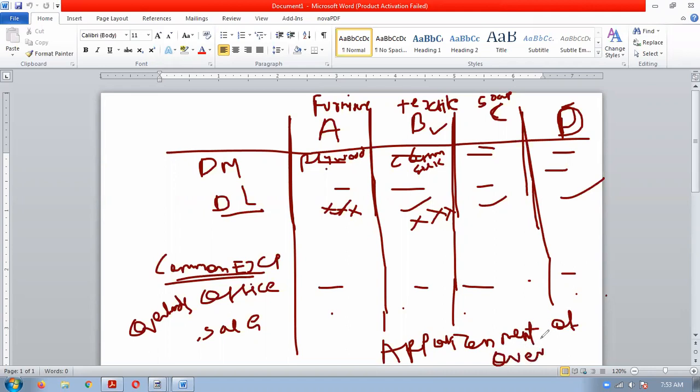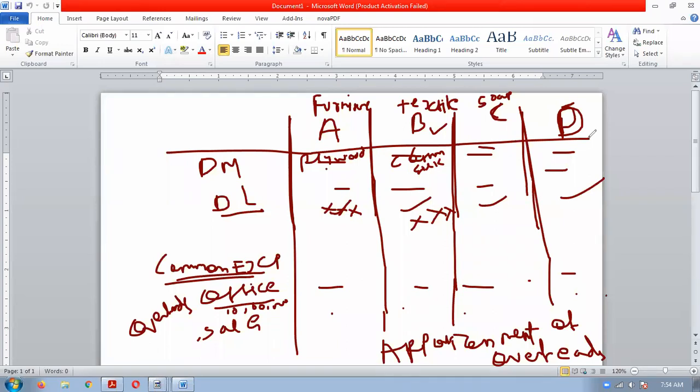Apportionment of overhead means, suppose let us understand office expenditure is 10 lakh rupees during the year. So this is a common expenditure for all the four products, because office will be only one for all the products. All paperwork, accounting work will be done in the office section, which will be common for all the four products.